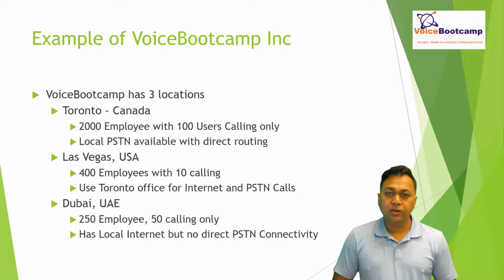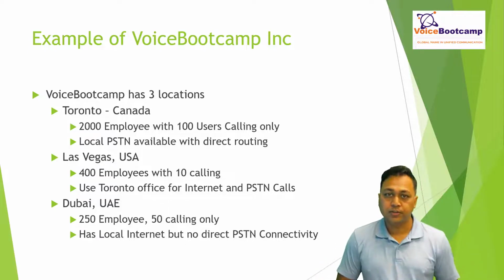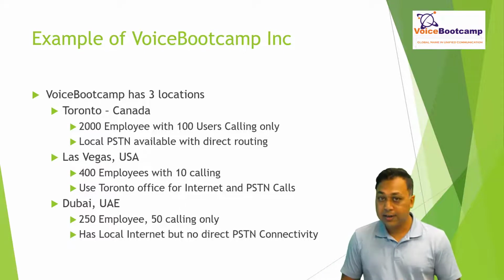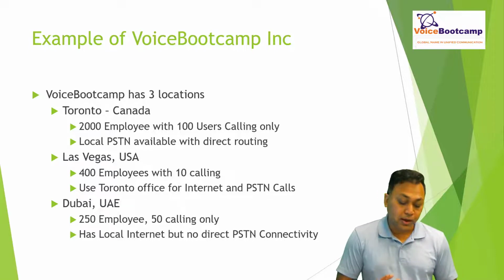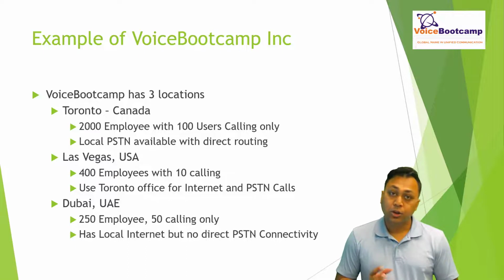Now let's take a look at how we can use the Network Planner for a company, Voice Bootcamp, that has three different locations: the Toronto location, the Las Vegas location, and the Dubai location. In Toronto, we have 2,000 employees with 100 users using the calling plan, and local PSTN is available for direct routing.